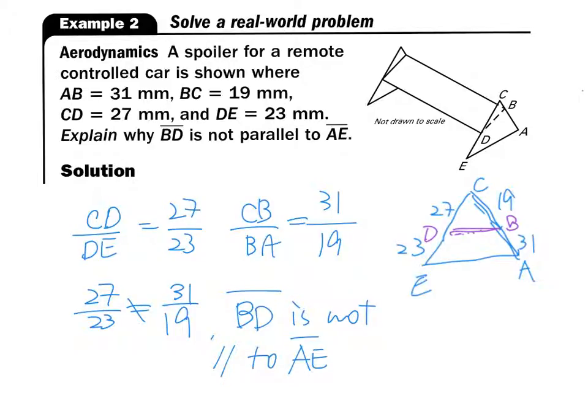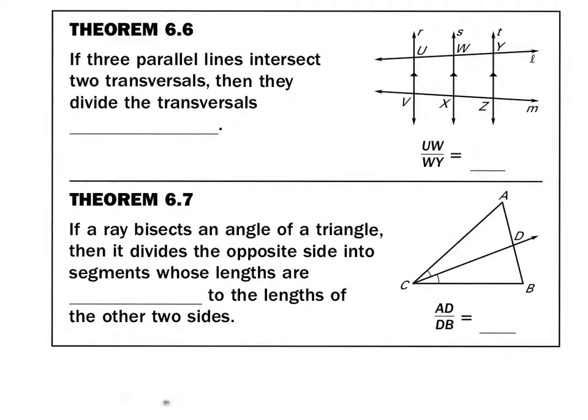That's how we use the proportionality theorem of a triangle. Here's another theorem. If three parallel lines intersect two transversals, then they divide the transversals proportionally also. Basically, this is an extension of the triangle proportionality theorem.